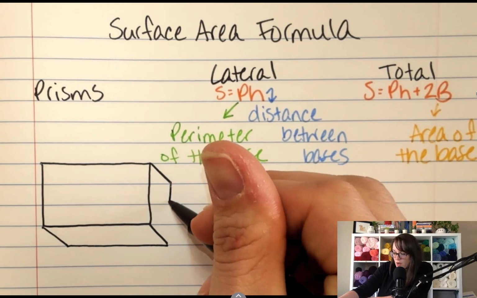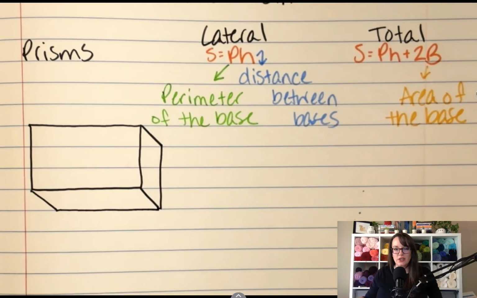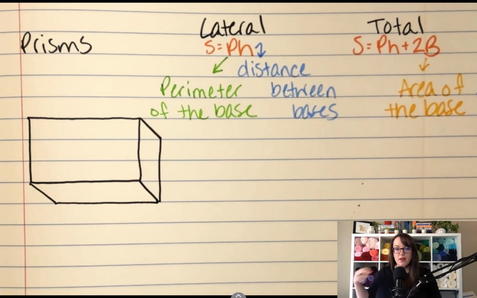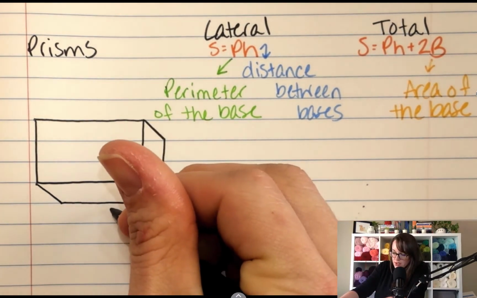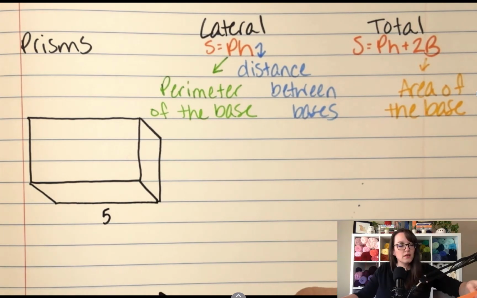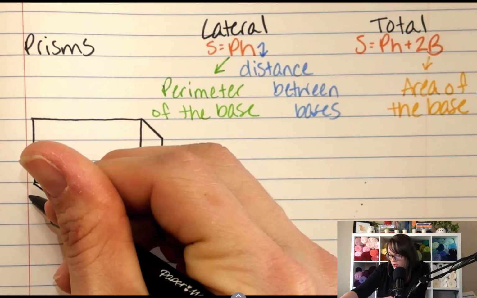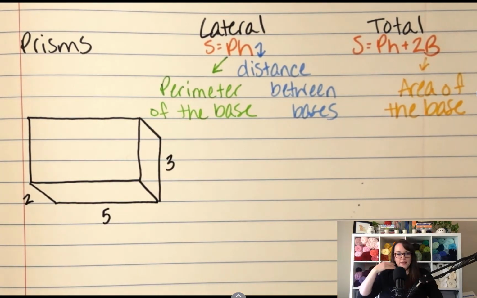I do not want to draw this transparent because I don't want to see every side, because the goal of this lesson is to not find the area of each shape, but to use our formula. Now this is 5 across. I believe it is 3 tall and 2 wide.